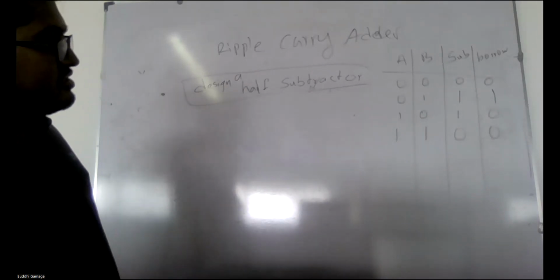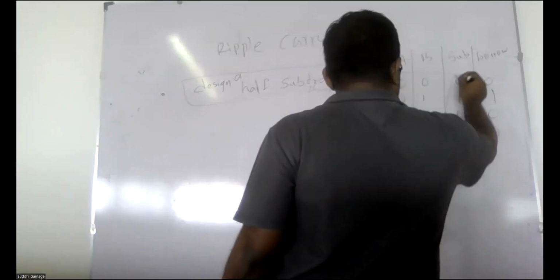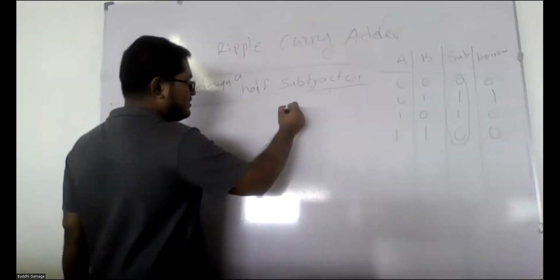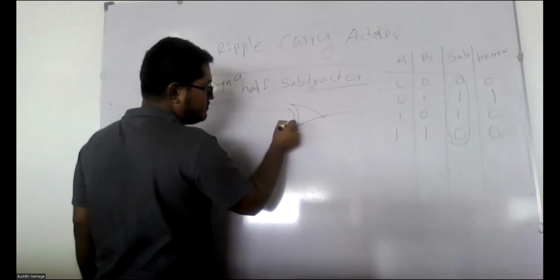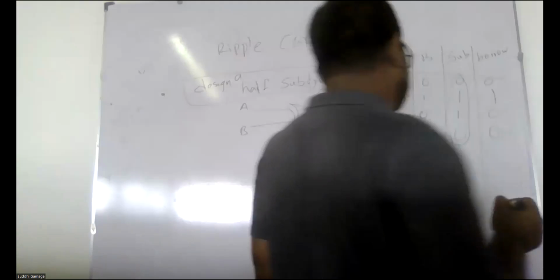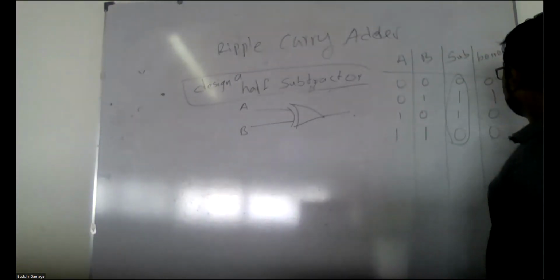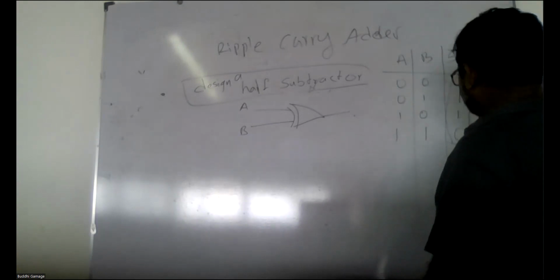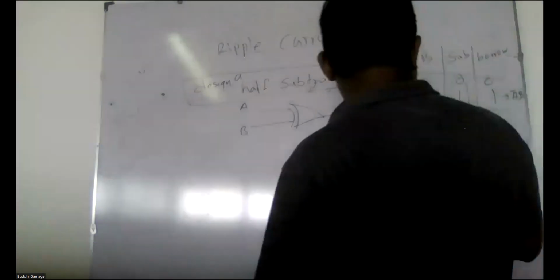And we need to design the logic circuit, right? So what is this gate? It is an XOR gate, right? And the problem is this should be an AND gate, but something is different, right? 0 and 1. So this is A bar B. Right?